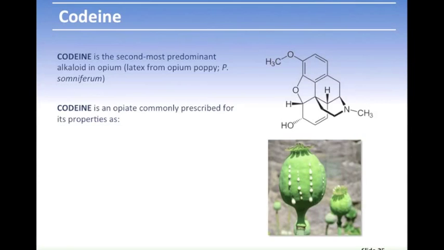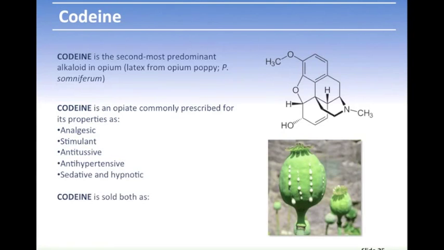Codeine is an opiate commonly prescribed for its properties as an analgesic, stimulant, antitussive, antihypertensive, sedative, and hypnotic. Codeine is also sold as a single ingredient or a co-formulation with other medications such as Tylenol, ibuprofen, and aspirin.